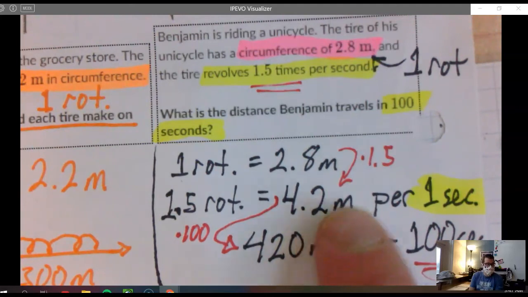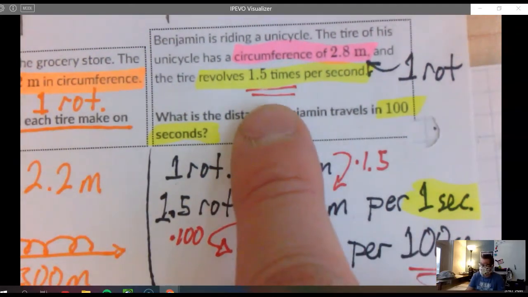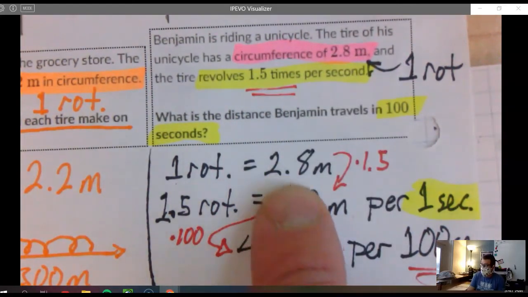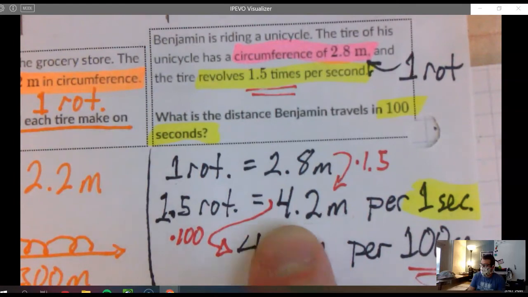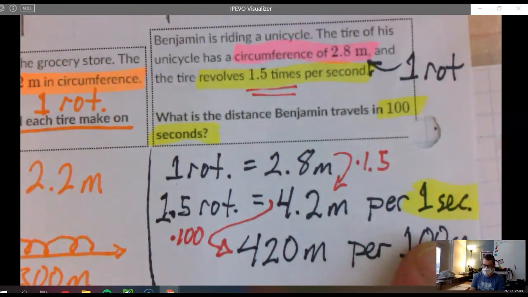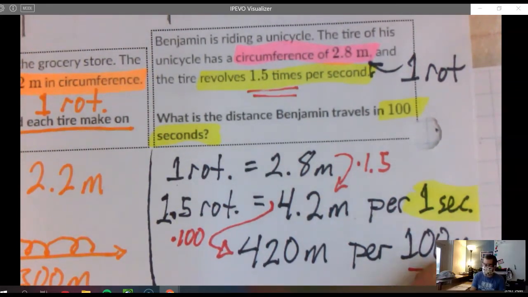So that tells us for each second, because they tell us 1.5 rotations per second, 1.5 of my 2.8 is 4.2 meters every second. How far in 100 seconds? Well, if this is 1 second, multiply by 100. And we get 420 meters per 100 seconds.